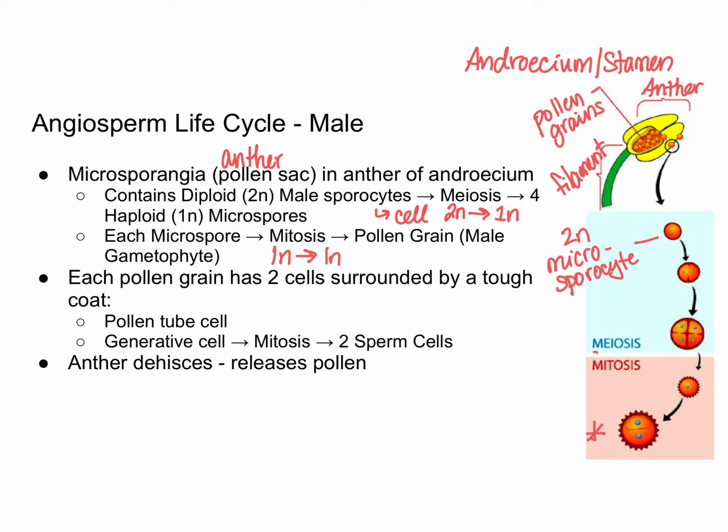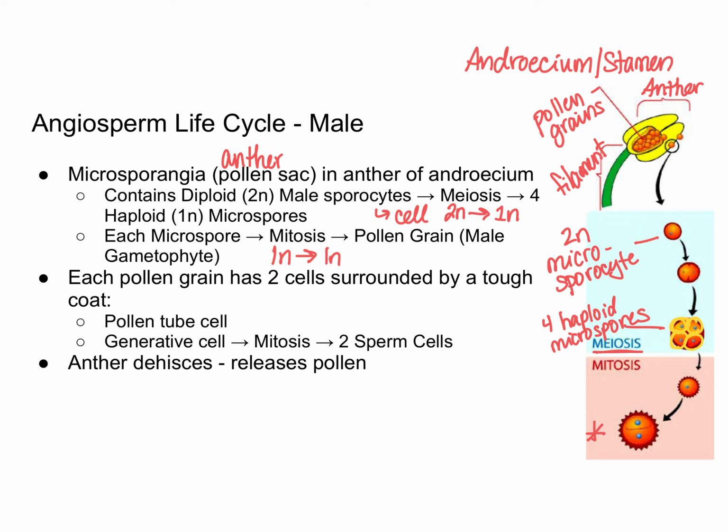And it goes through the process of meiosis to form 4 haploid microspores. So you can see the 4 microspores kind of connected to each other here. So we have 1, 2, 3, 4.